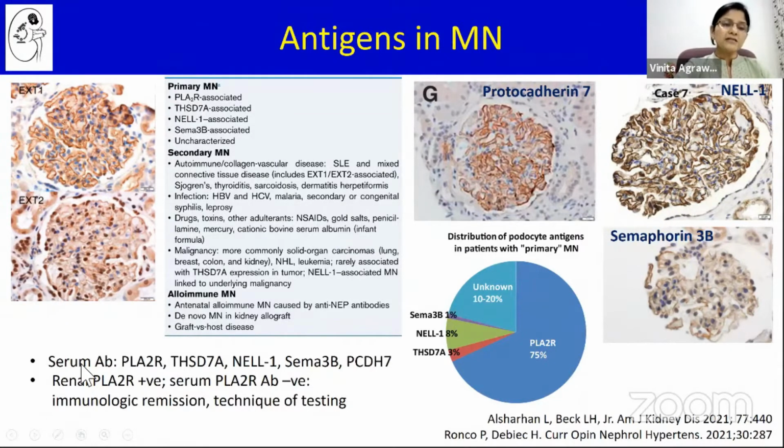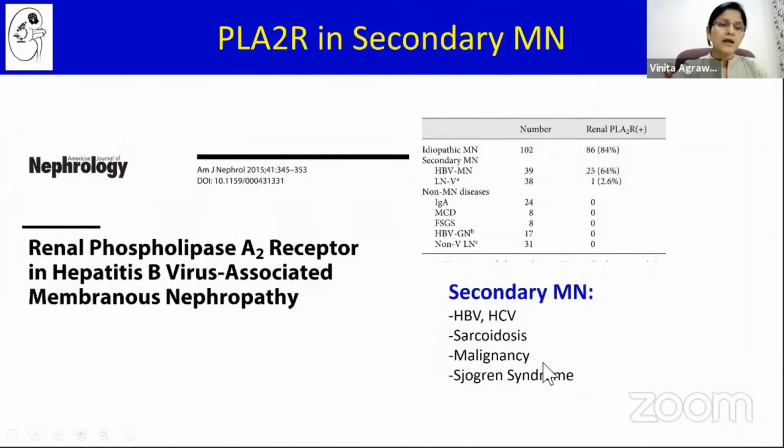Some of these antigens have their counterpart serum antibodies, which are useful in monitoring these patients and seeing the treatment response. The staining of these antigens along the glomerular basement membrane is almost similar to what you see in PLA2R. Still, PLA2R forms a major component of the primary glomerulopathy, about 75 to 80%.